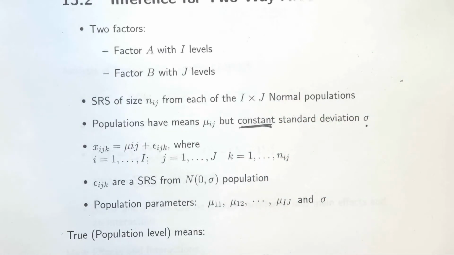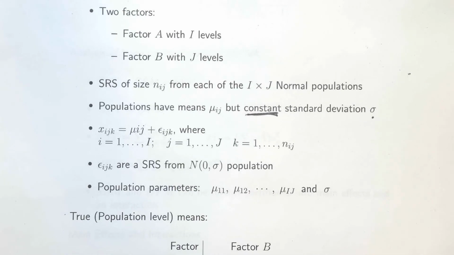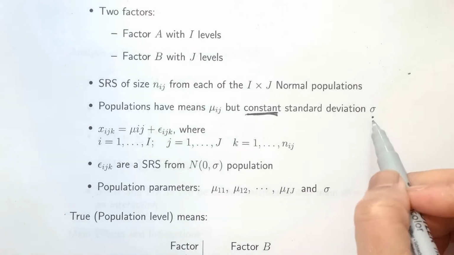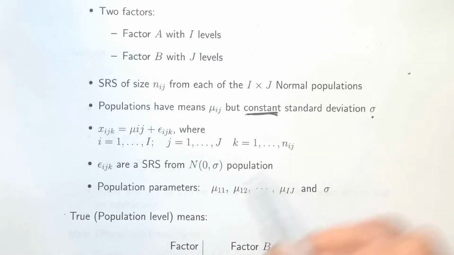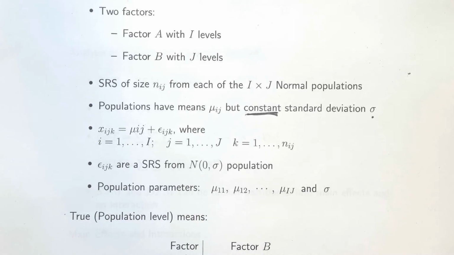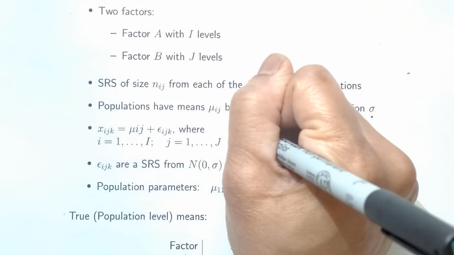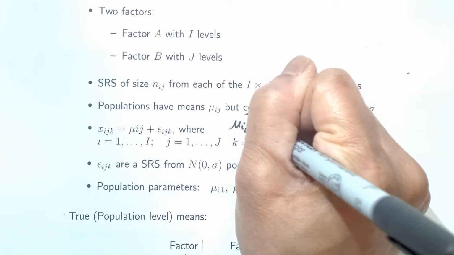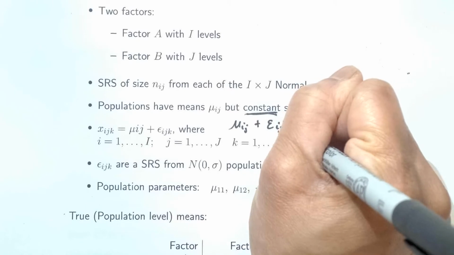So this is your common standard deviation across all of the groups. That means, when we come to estimate this, we're going to have to use some type of pooled estimate of standard deviation. Each observation, x_ijk, can be written in this way: mu_ij plus epsilon_ijk.